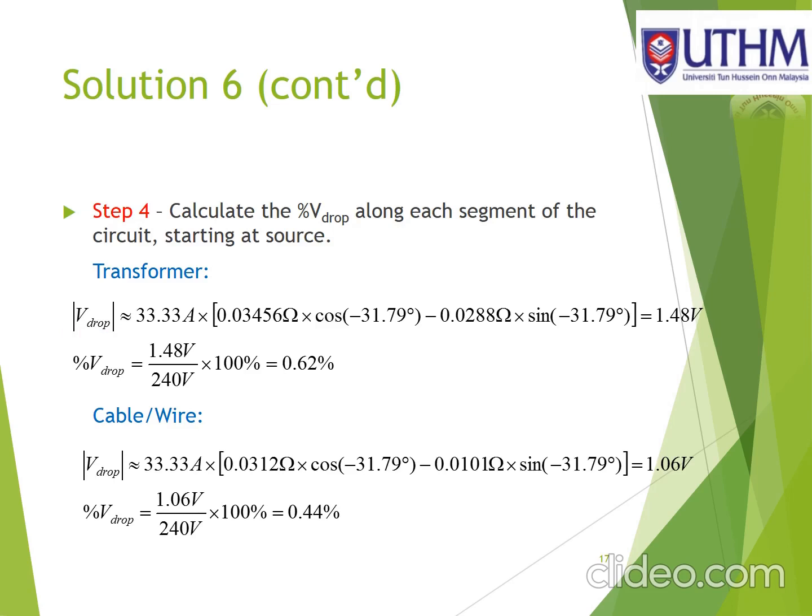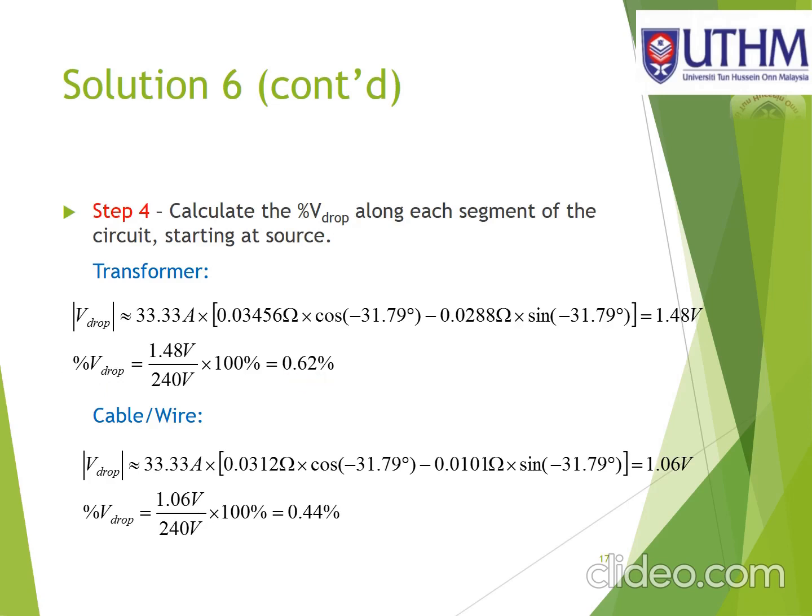Put all the values: this one is I, this one is RTR, this one is cos theta, and then this one is X, this one is sin theta. Finally we calculate the percentage of voltage drop for the transformer. We get 0.62%.